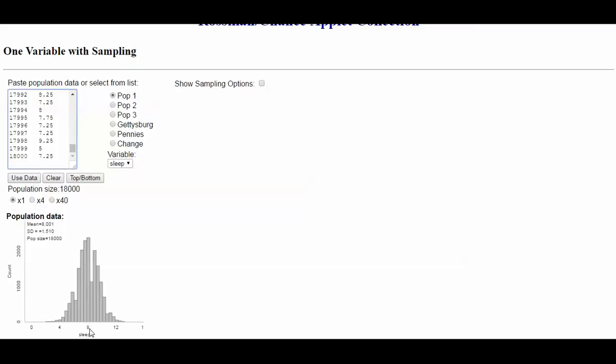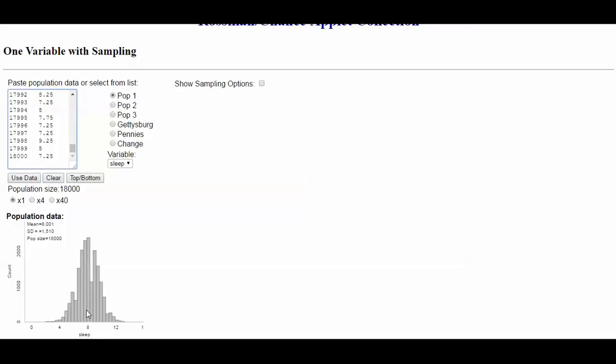We can see that that population mean of 8 is right at the center of the population, right here. Because when a population follows a normal distribution, the mean is at the center. Actually, the mean, median, and mode are all at the center of the distribution.